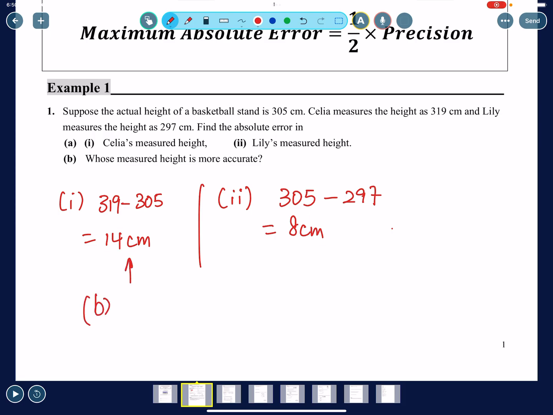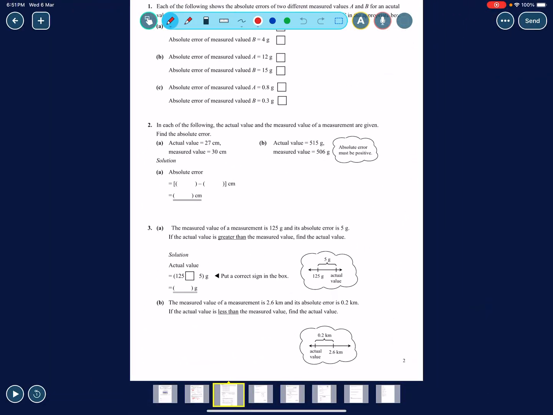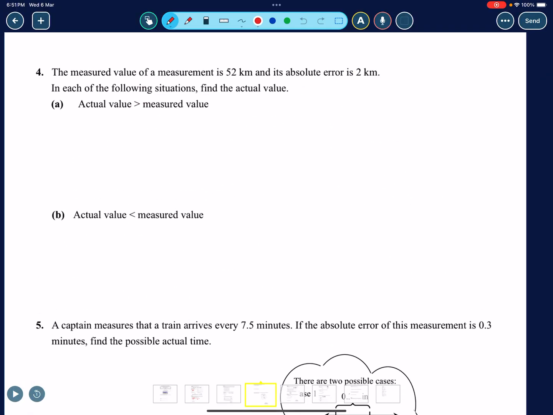Well, obviously this one has a larger error. Again, these are absolute errors. We don't want the numbers to be large. So Lily has the better accuracy. Makes sense, right? So the first part is that simple.